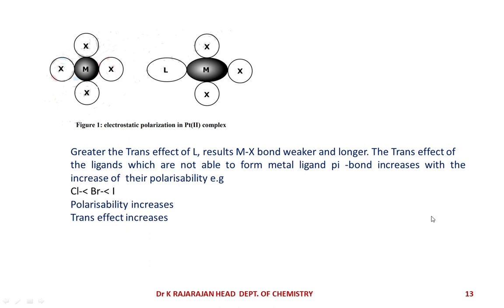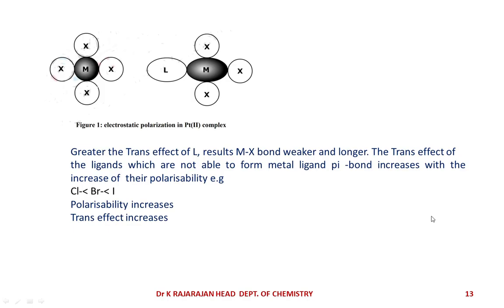So, the greater the trans effect of L, the weaker and longer the M-X bond, so that the bond gets elongated and becomes weaker. The trans effect of the ligands which are not able to form metal-ligand pi bonds increases with the increase of their polarizability.